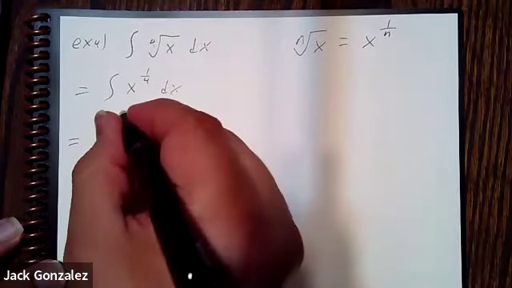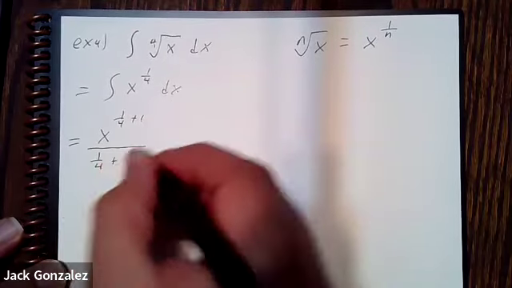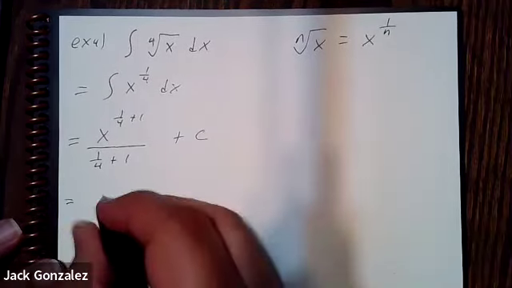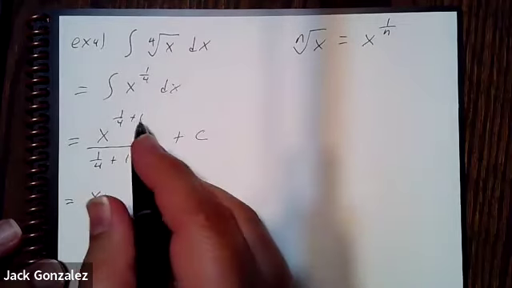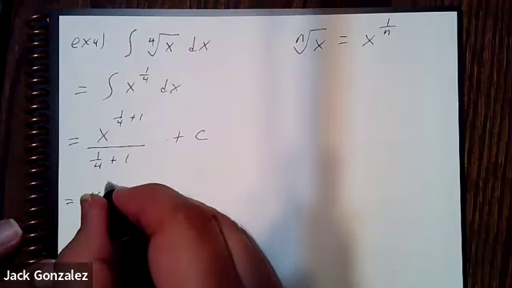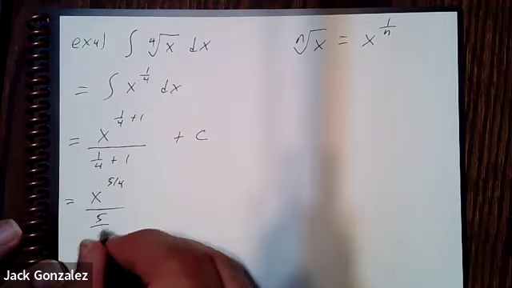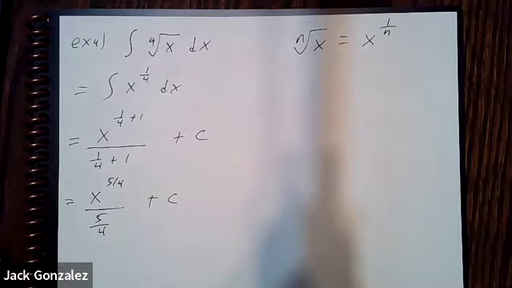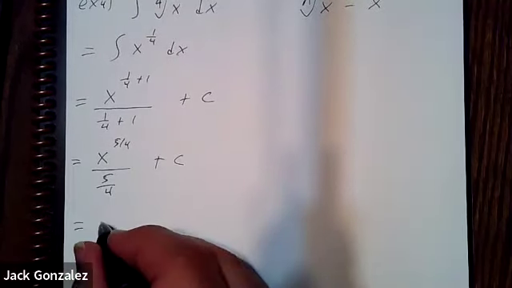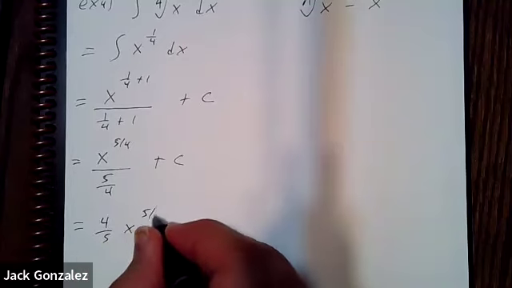So you'll get x to the 1/4 plus 1 over 1/4 plus 1 plus your c. So that becomes x to the 5/4 over 5/4, right? So dividing by that fraction means you multiply by the reciprocal, getting us to here.